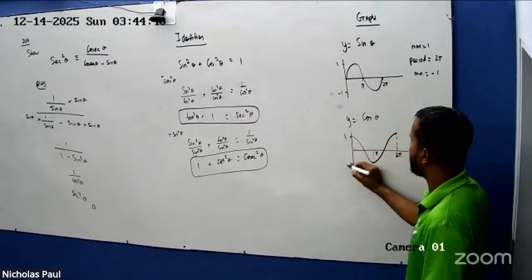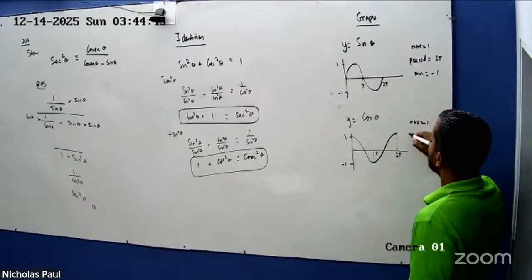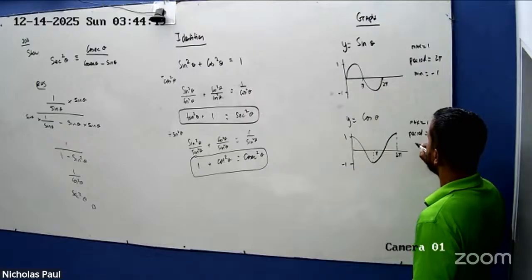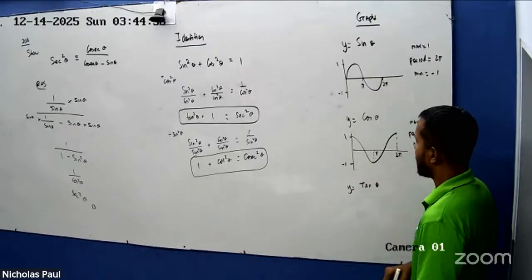Max is 1, minimum -1, right? Same thing as this. Max is 1, period is 2 pi, minimum -1.